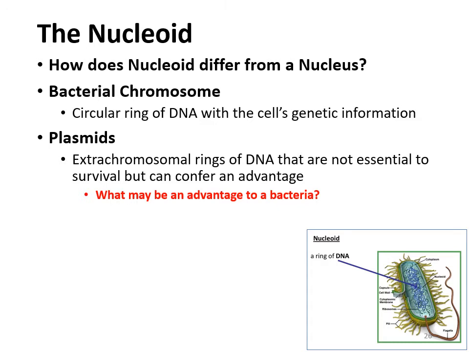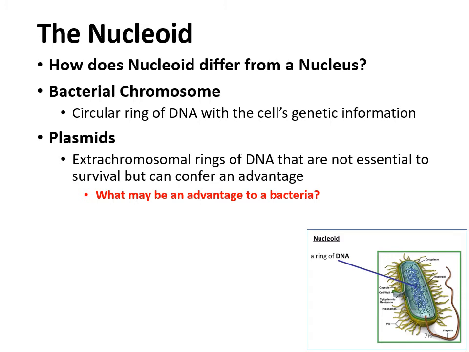What's important about plasmids is even though they're not essential for the life functions of that bacteria, because we said they're extra, just like some people I know, they can confer an advantage to the bacteria, and the big advantage that I want you to remember is antibiotic resistance.